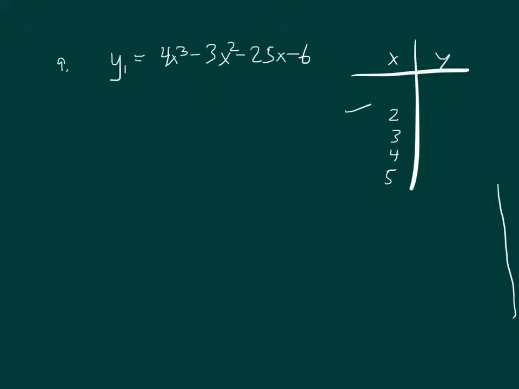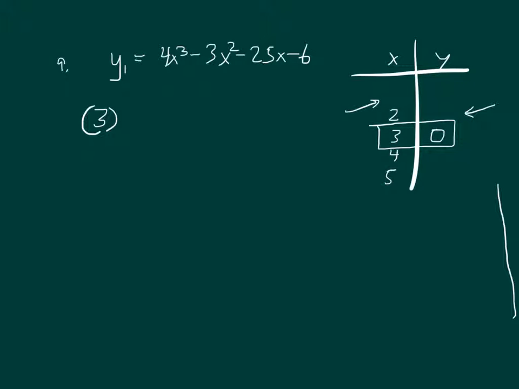Now, it won't have a quarter. You can plug that in yourself here. But it does plug in 2, and what it comes out with is what we have in the y. And you'll notice that for it to be a root, we want 0. And in this case, if we plug in x equals 3, we do get a 0 for the y. And that means that choice 3 is the answer.